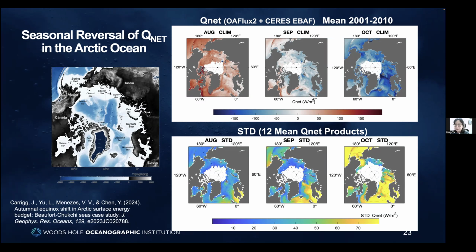September is a transition period. We see some areas gain heat, but weak warming, and some areas tend to lose heat now.